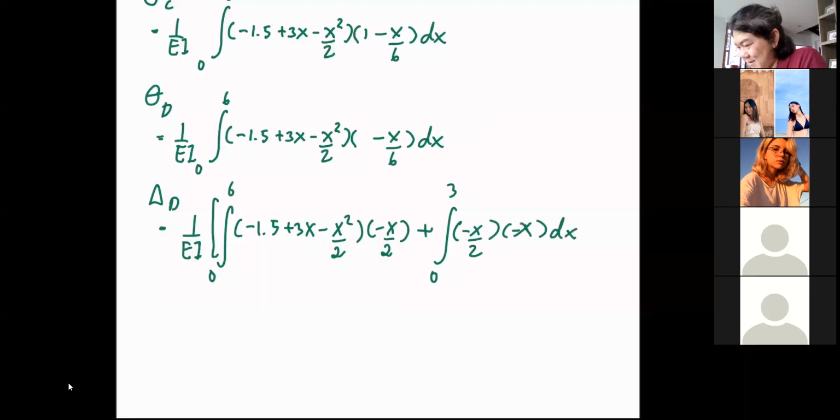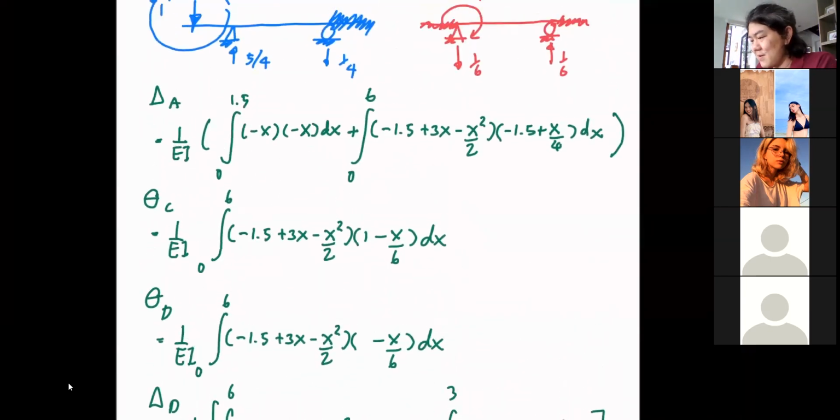That's my x. Okay, all right. So that's it, ladies and gentlemen. After quite some time to finish the work, and you can of course play your calculation music. The first one is equal to minus 5.625 over EI.